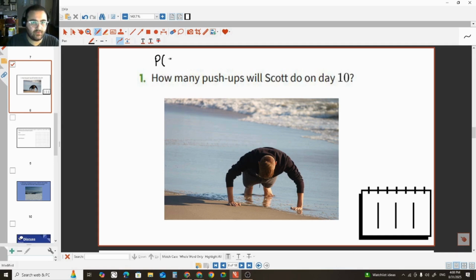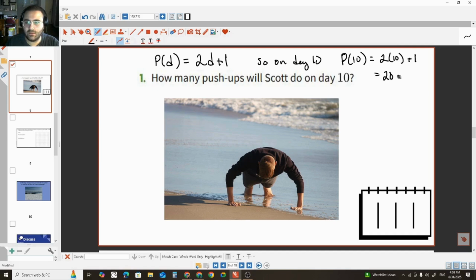The push-ups as a function of the day is equal to 2d plus 1. So on day 10, P of 10 is equal to 2 times 10 plus 1. So that is 20 plus 1, which is equal to 21.